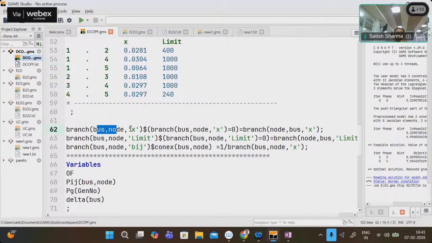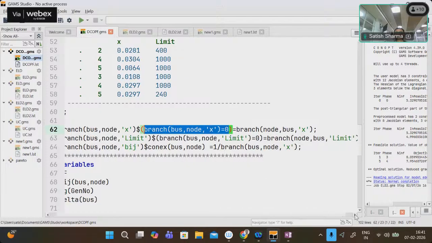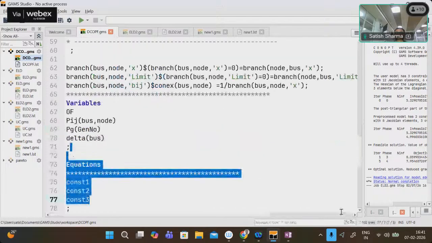For any branch x, if the branch data is provided as 0, then that x will be considered whatever the x is. We will use it as it is. If some information is not provided here for all the other branches and nodes, that will be 0, and that 0 value will be used. So it is basically some conditions to make it general.